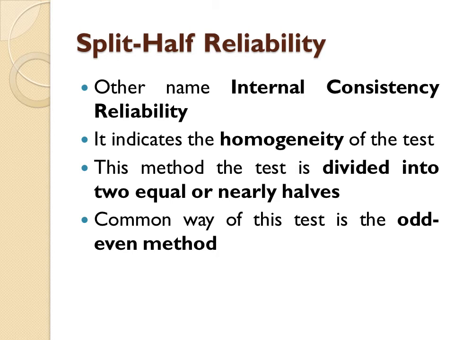And here it indicates the homogeneity of the test. Okay, so in here, if you're measuring only emotional intelligence, it should give you the emotional intelligence criterion throughout the test items.